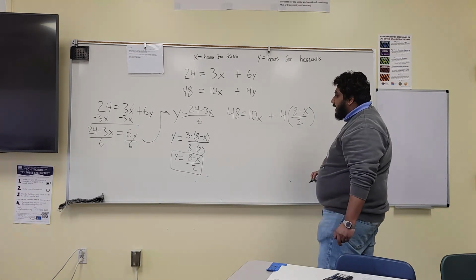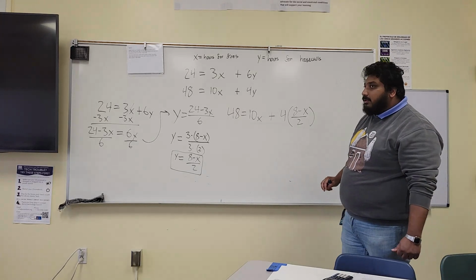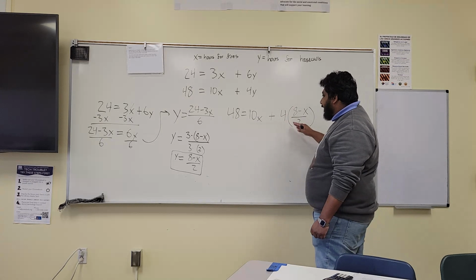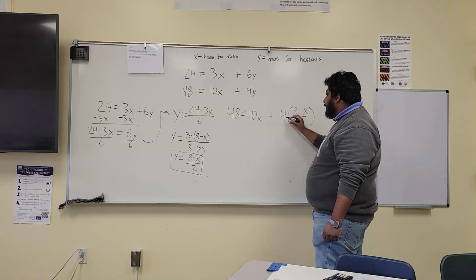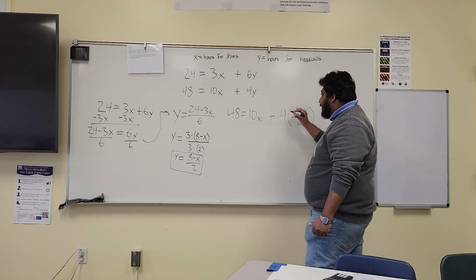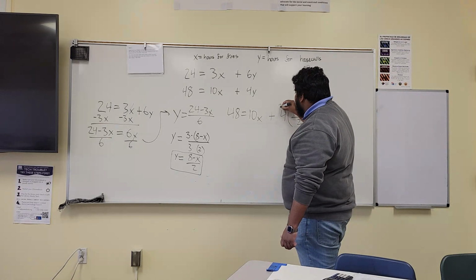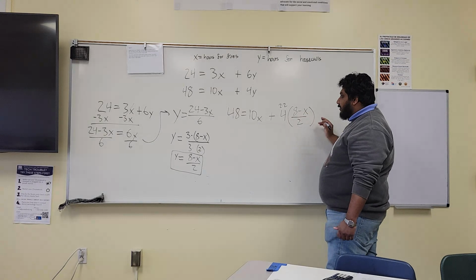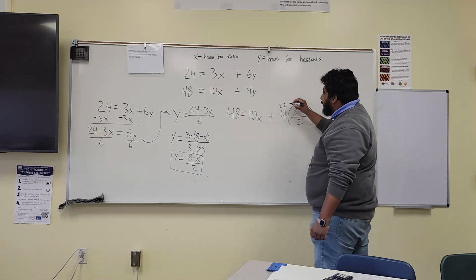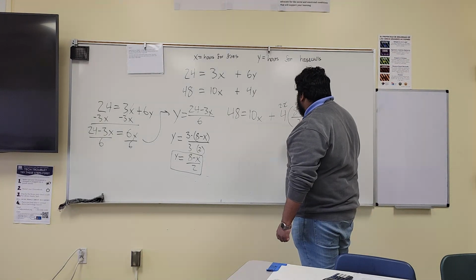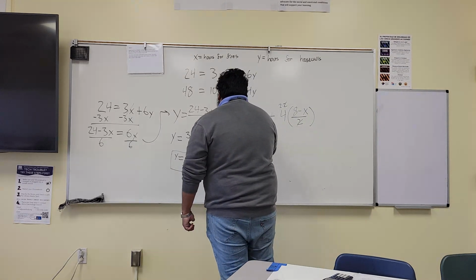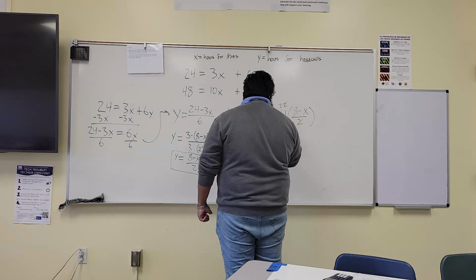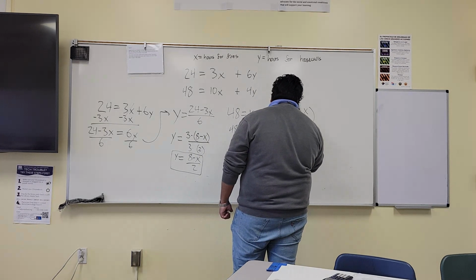Something similar actually happens that will happen on the last problem. The numbers can actually cancel out. We have 4, which is just 2 times 2, multiplying our fraction, which has a 2 at the bottom. So we'll cancel out the bottom 2, and we'll get 48 is equal to 10x plus 2 times 8 minus x.